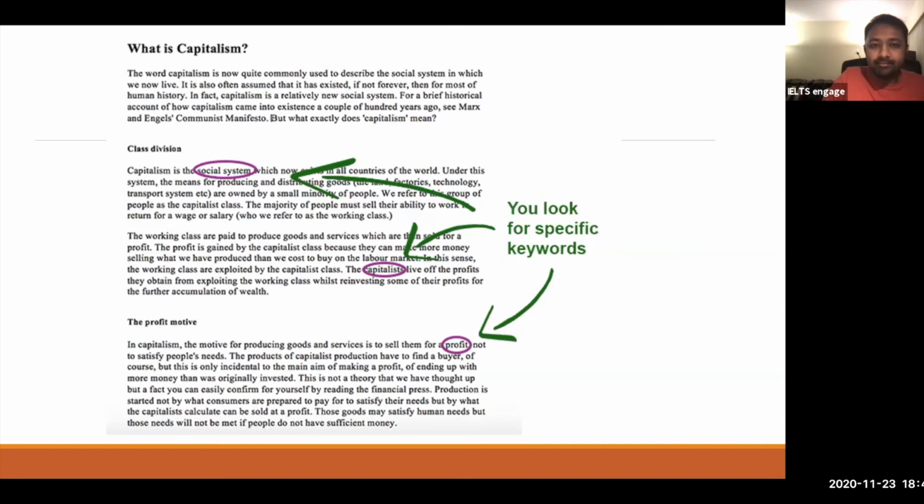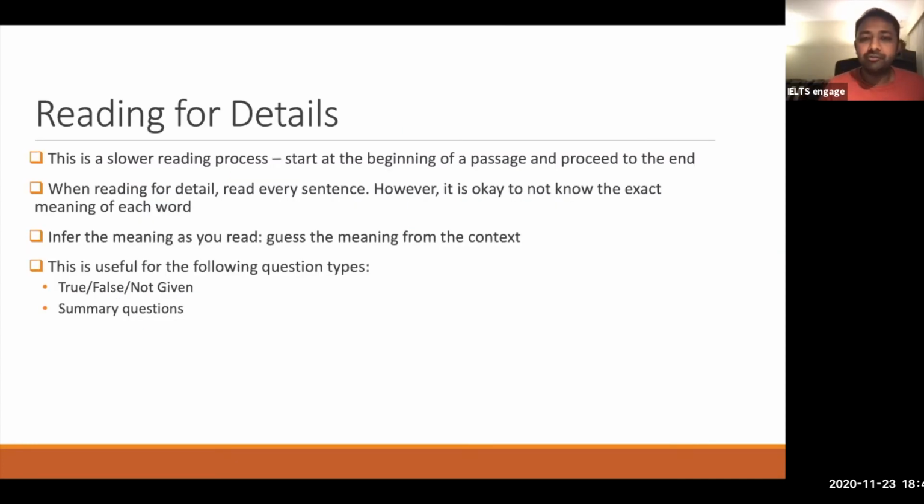The third technique we have is reading for details. This is a much slower reading process, which involves reading for understanding the information clearly in detail. We read every sentence, every paragraph, but we need to be aware of the time, so we need to make it quick as well. As you read, there are times when you don't understand a particular word.